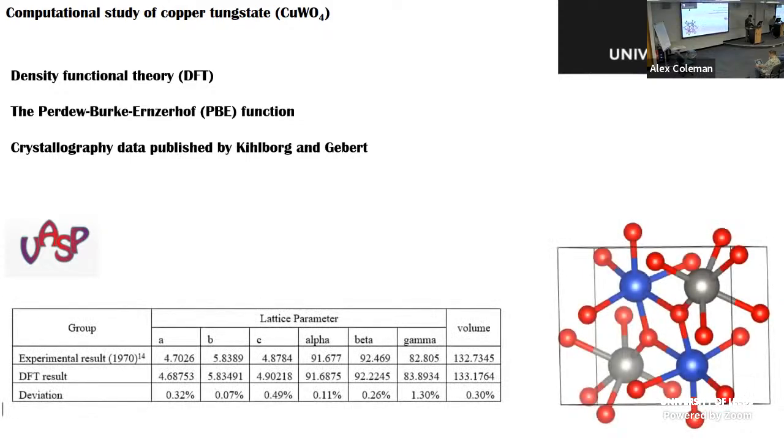And here is the lattice parameter of the copper tungstate and its structure, shown in the table and the figure. We can see that all the calculated lattice parameters are close to the experimental result within 1.5% deviation.